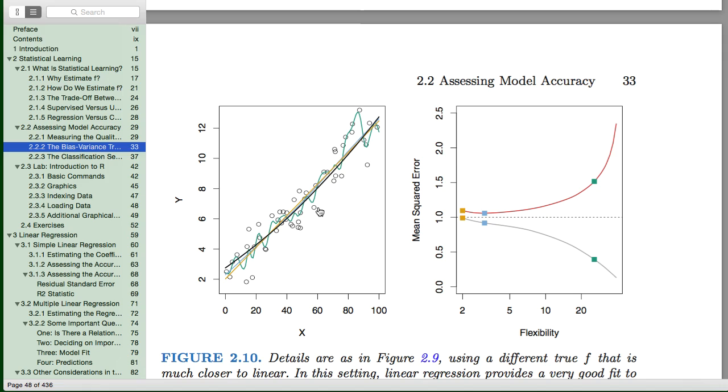In fact, it shouldn't be. There should be some randomness to the error. If the error is not random, then we have failed to take into account some of the systematic variability. We should be able to take into account systematic variability. The variability that's left should appear random to us. The variability that is associated with epsilon, that error term, should seem random to us. That should be something that we don't think that we can really do something about.